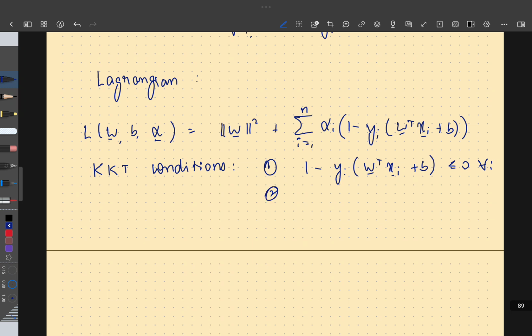And we have the complementary slackness conditions, which say that alpha i times (1 minus yi times (w transpose xi plus b)) should be equal to 0 for all i, which means that either the constraint must be satisfied with equality or the corresponding Lagrange multiplier should be equal to 0.